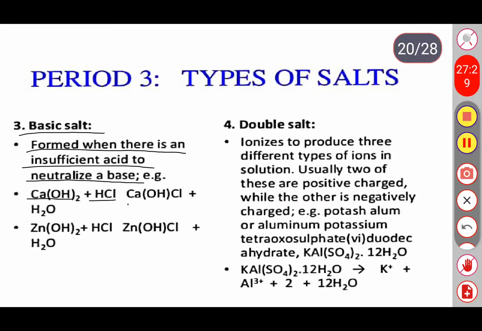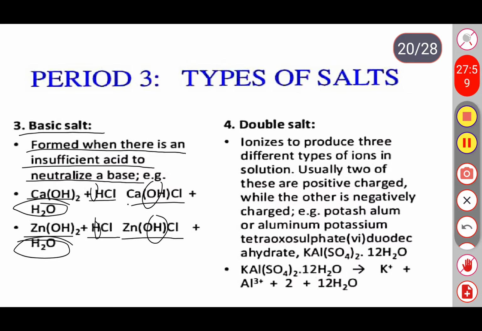Here the hydroxyl, that is the OH ions, are replaced, right? Next one is zinc hydroxide along with HCl. What does it form? Zinc chloride and water. So here the hydroxyls are completely replaced by the hydrogen ion of the acid.